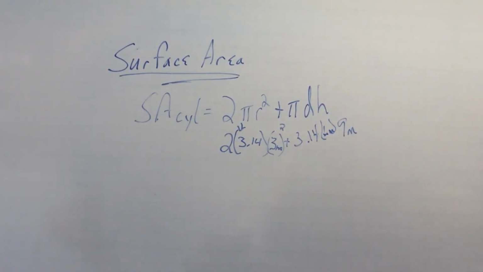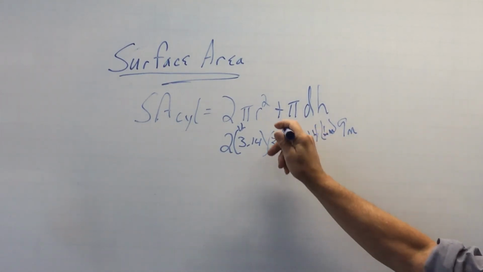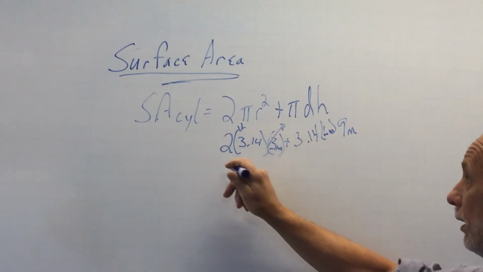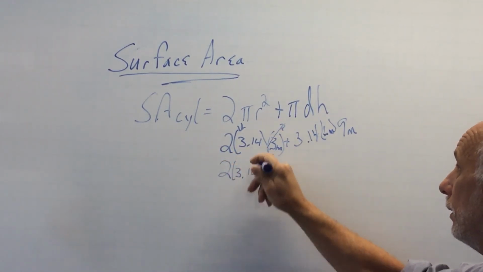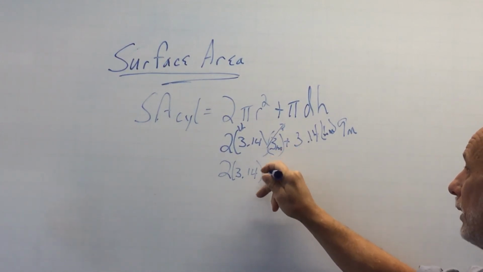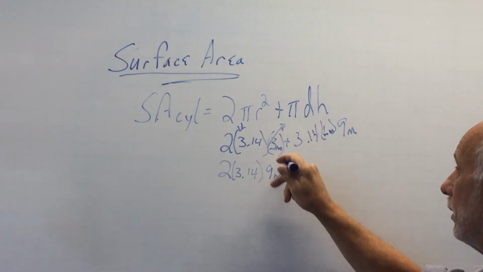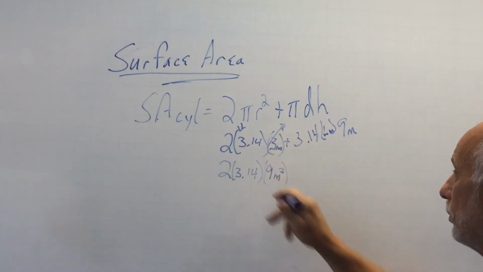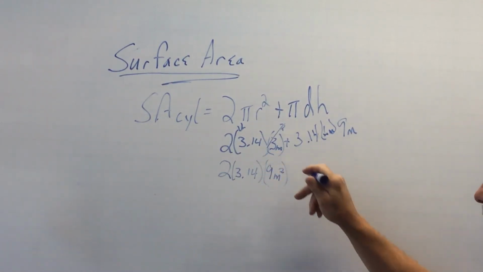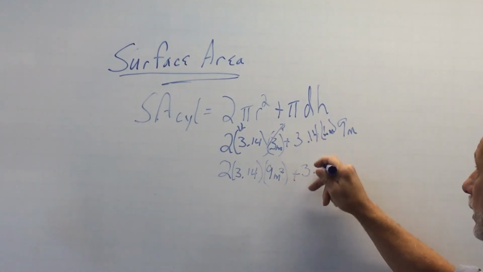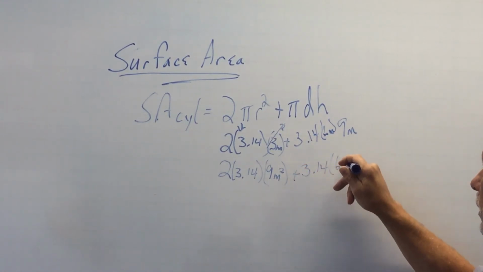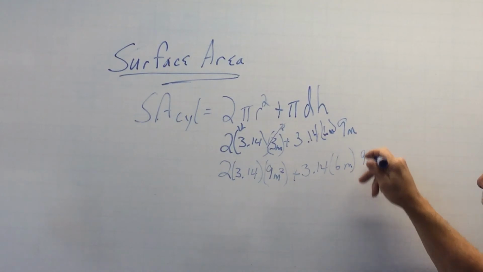So then I use the algebraic order of operations. I do exponents first. 3 squared is 3 times 3, which is 9. By the way, meters times meters is meters squared, so that's 3.14 times 2 times 9 meters squared. Plus here, I still have 3.14 times 6 meters times 9 meters.